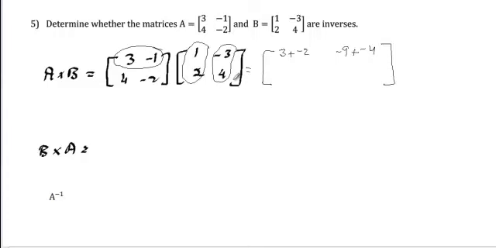We do the same process with the second row. We multiply 4 by 1 is 4, plus minus 2 times 2, which is minus 4. And the same thing with the second column: 4 times minus 3 is minus 12, and minus 2 times 4 is minus 8.